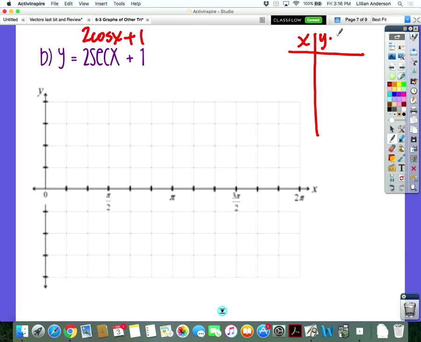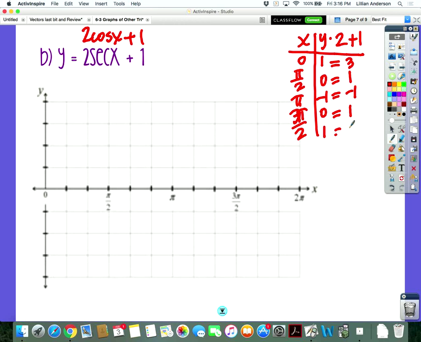I'm going to multiply all my y's by 2 and then add 1 to them. So my x's stay the same, but my y's, and I'll start at 1, get multiplied by 2, and then I add 1. So then that will be 3, 1, negative 1, 1, and then 3 after I do all that.